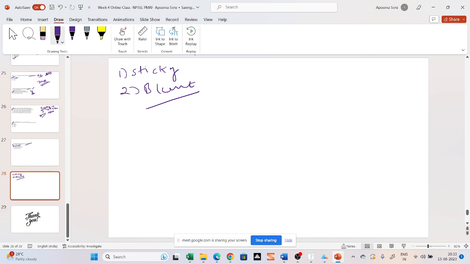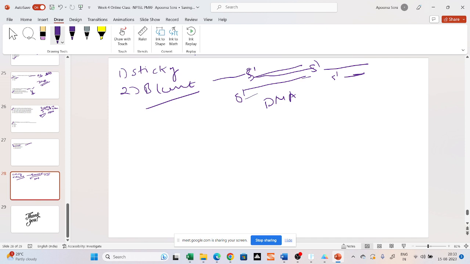Sticky end cloning is easier than blunt end cloning, because if this is the sticky end of your DNA and this is the sticky end of your vector, with this 3 prime and this 5 prime, it will form the complementary and it is able to ligate.